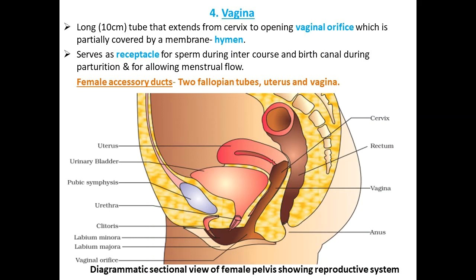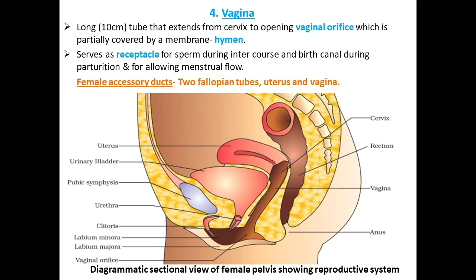These structures collectively form the duct which helps, first of all, in the transport of the egg, and then if there is a pregnancy, fertilization takes place there, implantation occurs in the uterus, and then the vagina forms the birth canal also. These constitute the female accessory ducts.